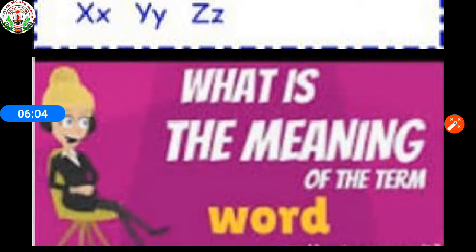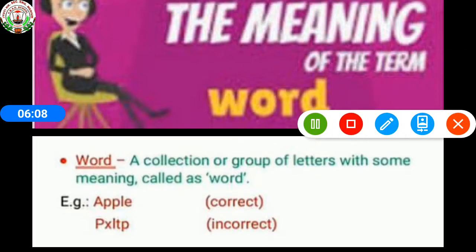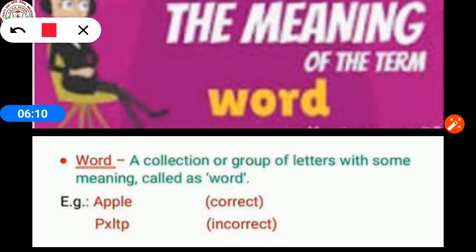See the definition. Word: a collection or group of letters with some meaning is called a word. So, when we arrange a group of letters which have some meaning, that is called a word.